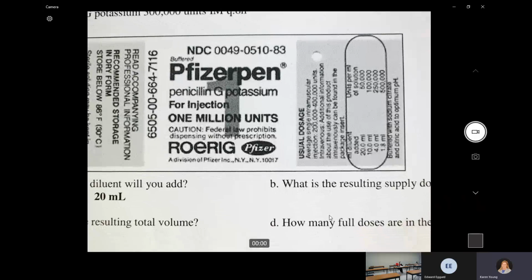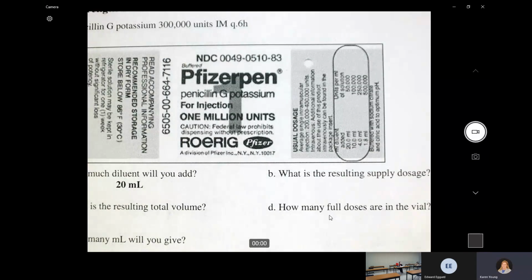Okay. Now, those were all single dosage strengths, right? It told you that you're adding so much diluent and you're going to have a resulting volume. This one is penicillin G potassium. It's called Pfizer, but it's penicillin G potassium. It's for injection.